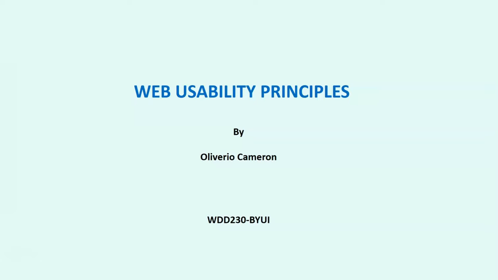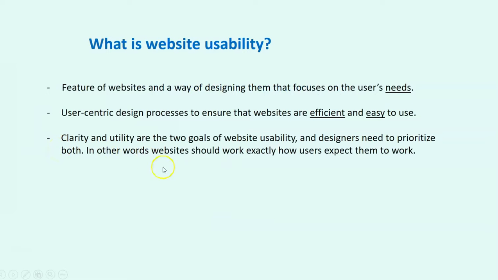It's about web usability principles. Okay. And I'm going to start with the definition. What is website usability? Website usability wants that person or visitors can use the website to achieve specific goals.